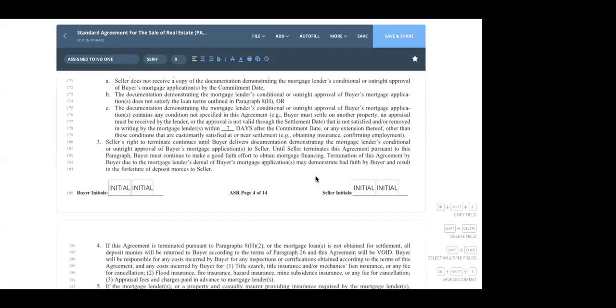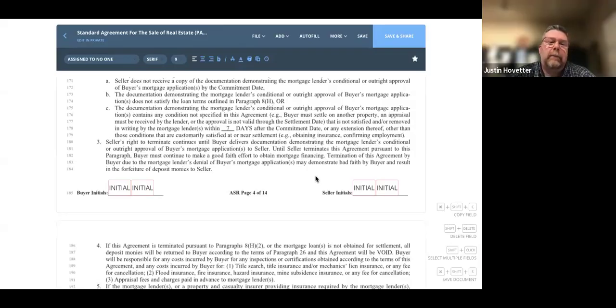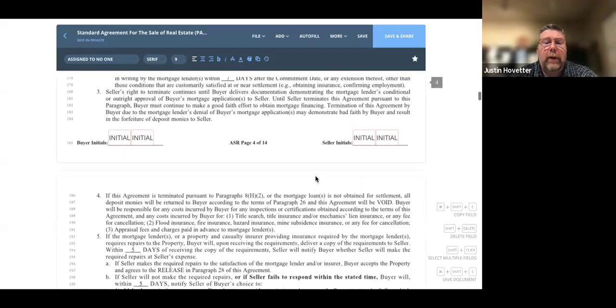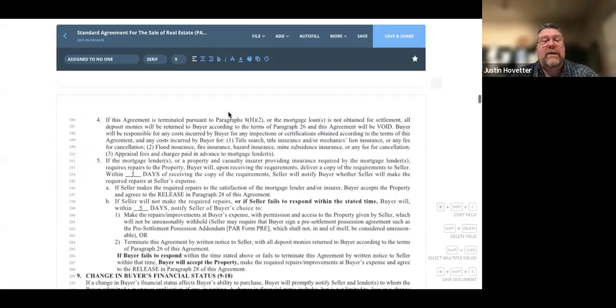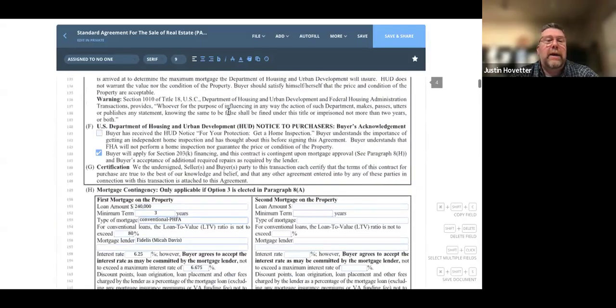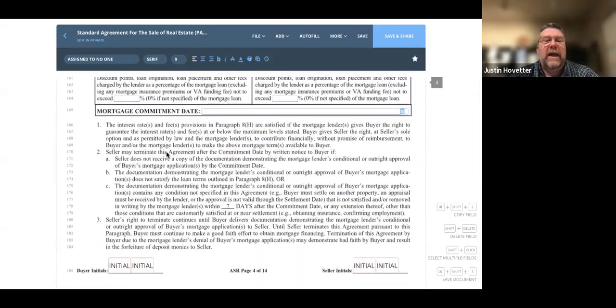Just that the escrow deposit is held. Well, buyer must continue to make a good faith effort. And we'll touch on, well, let me go there now. It says if this agreement is terminated pursuant to 8H2, 8H2 being seller may terminate this agreement after commitment date.